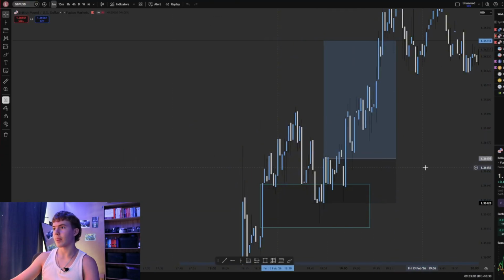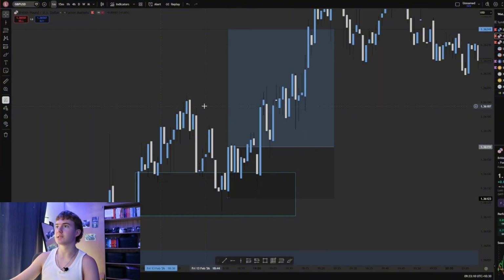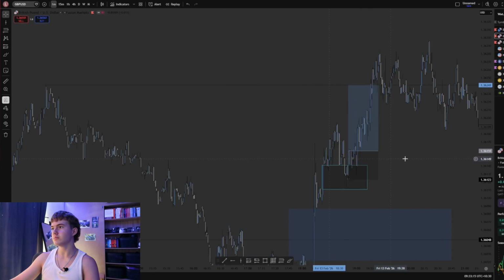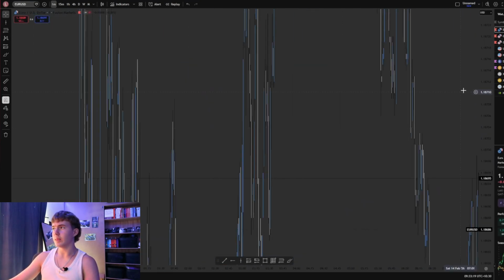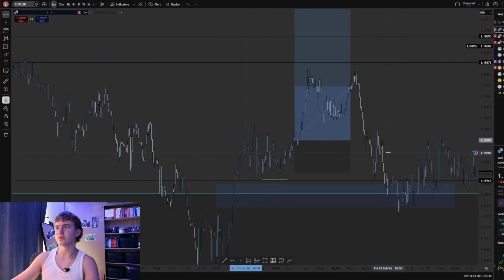That would have been money unless this candle stopped us out, but we could have had a looser stop loss there, hit a 1 to 2, and then it ends up going down. But I was just trying to get a retrace candle, which I didn't get.